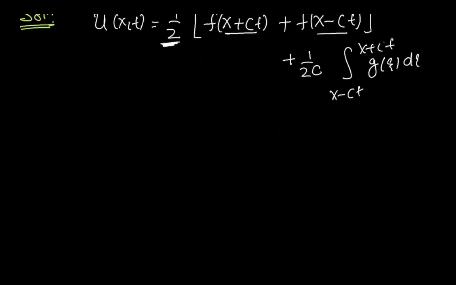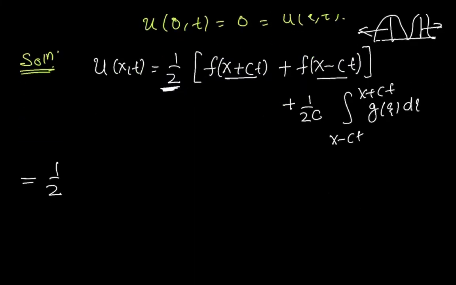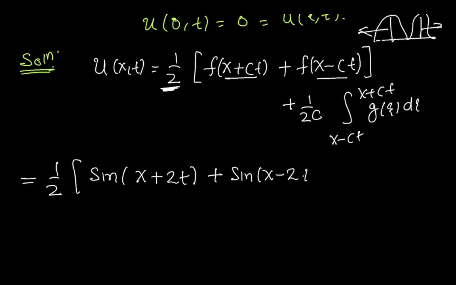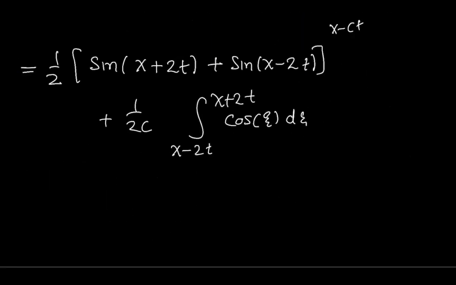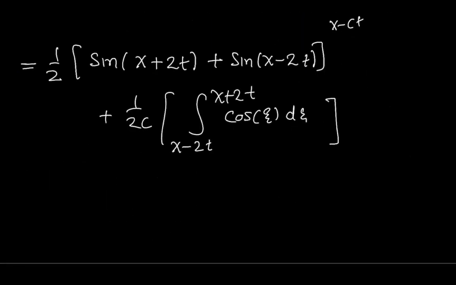So let's plug everything in. What is your function? What is f? F is a sine. So it's simply sine(x plus 2t), since c is 2, plus sine(x minus 2t), and therefore 1 over 2c, the integral from x minus 2t to x plus 2t of cosine c dc, and then you can just do the integration.